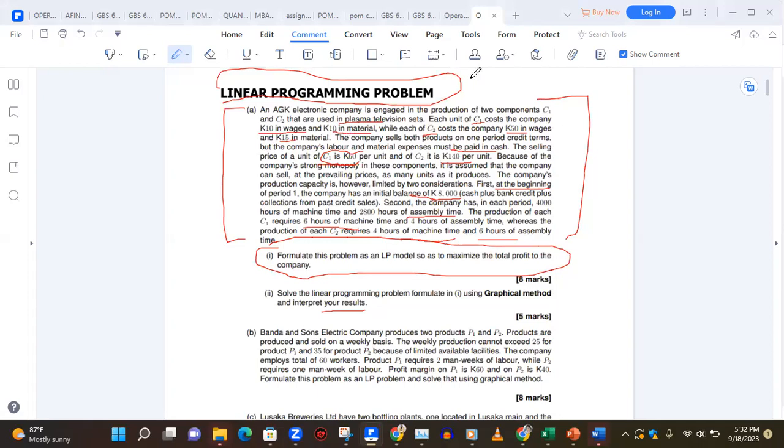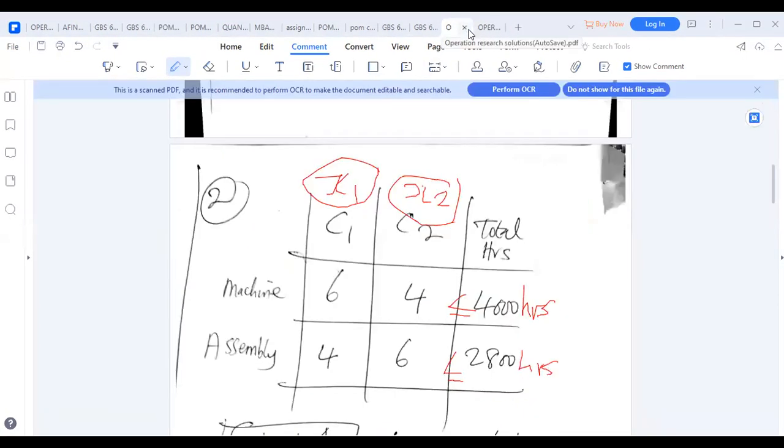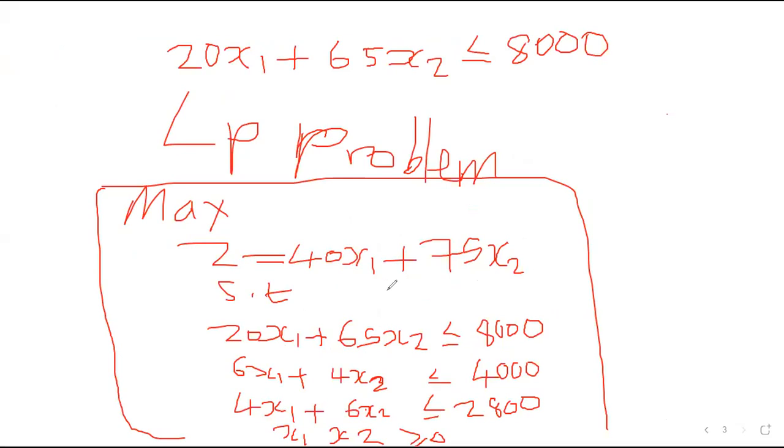Then we are going to solve the problem using the graphical method. The first thing we need to do is to come up with a table of values for the constraints. From here, we have gotten the constraints.